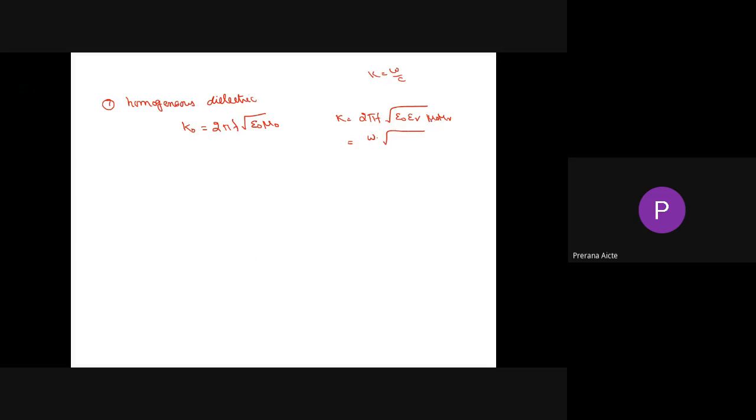If it is a lossless medium or free space medium, then epsilon r is equal to 1 and mu r is equal to 1. Then it becomes epsilon naught into mu naught. Then c is equal to 1 by square root of epsilon naught mu naught, and this is nothing but the k value. Same thing for the lossless medium, k naught is equal to 2 pi f into square root of epsilon naught into mu naught.